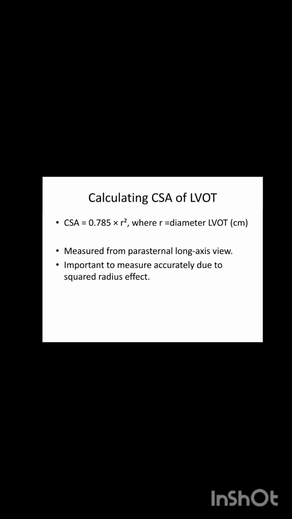The formula for cross-sectional area is 0.785 multiplied by the radius squared, where the diameter of the LVOT is in centimeters. It is measured from the parasternal long axis view, and it is important to measure accurately due to the squared radius effect.